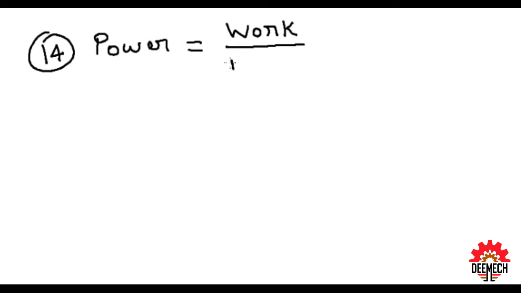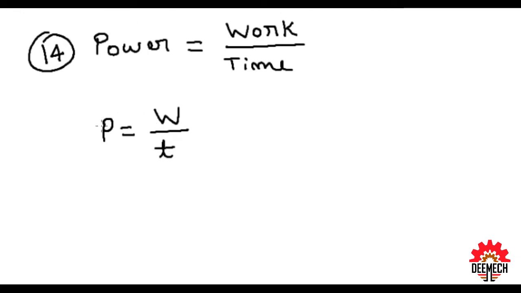14th one, power. Power is the rate of doing work, that is nothing but power is equal to work divided by time. Here power is denoted with capital P, work with capital W and time with the small t. Now we know that unit of work is joule, either it is Newton meter or joule. Newton meter is nothing but joule, so the unit of work is joule and the unit of time is second.